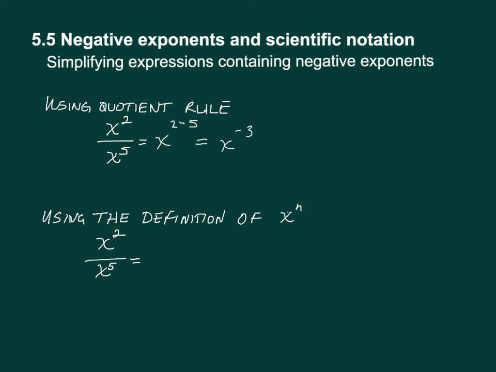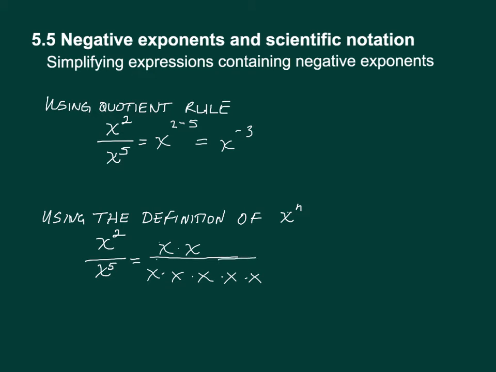Okay? Now, look at it this way. Using the definition of x to some power, what does x squared mean? It means x times x, right? And x to the fifth means x times x times x times x times x.